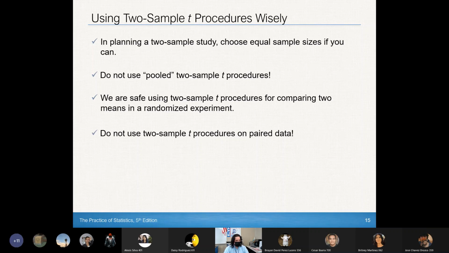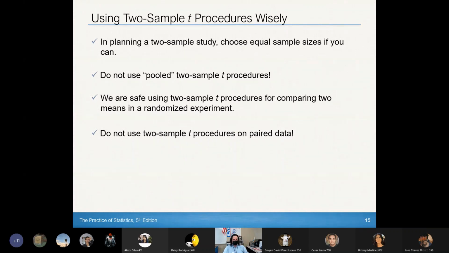We do not use two-sample t procedures on paired data. Remember, paired data was what we got introduced to yesterday at the end of section 9.3. It's essentially paired data when you're giving different treatments to the same people, right? That's what we saw in our example yesterday.